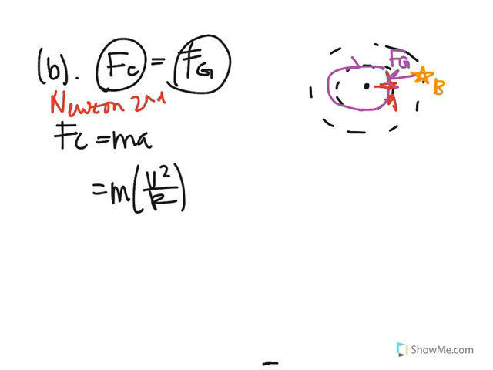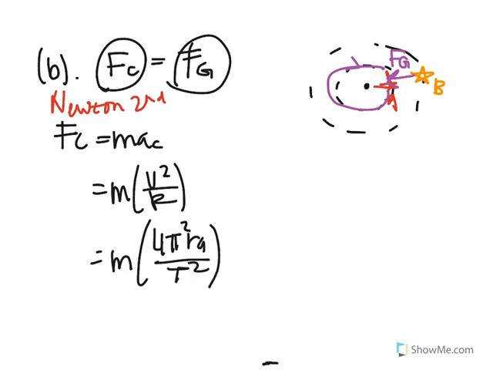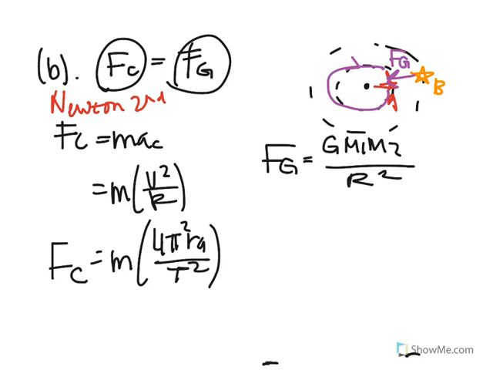But from the previous part, we already know what the centripetal acceleration is, which is 4 pi squared RA over T squared. That's our centripetal acceleration of star A. And then gravitational force is the constant G, mass 1 multiplied by mass 2 over r squared.